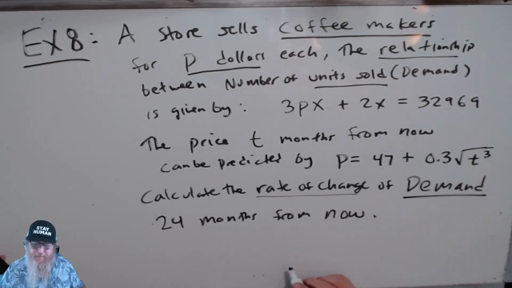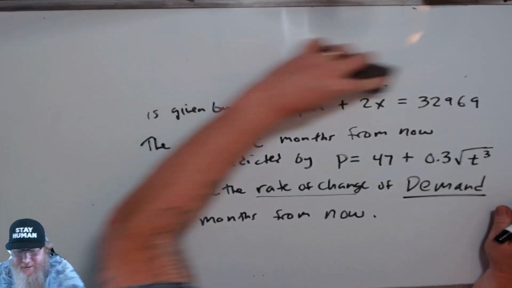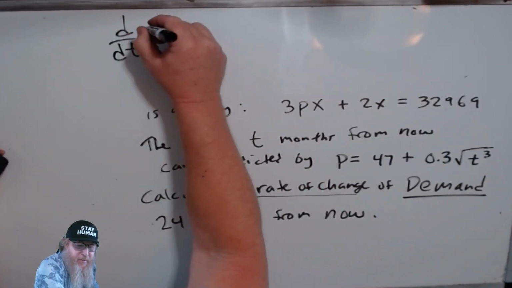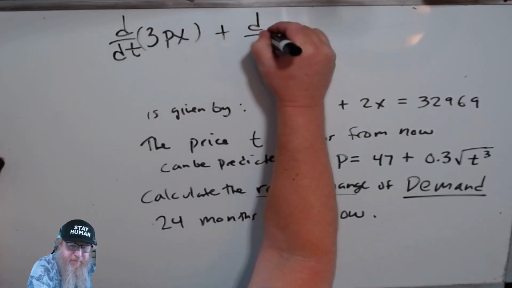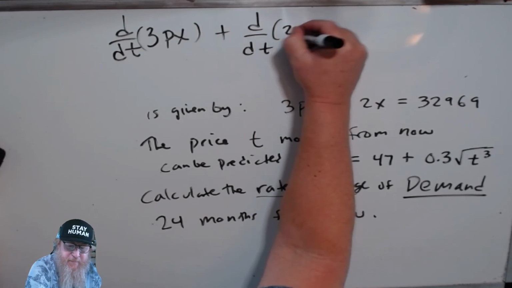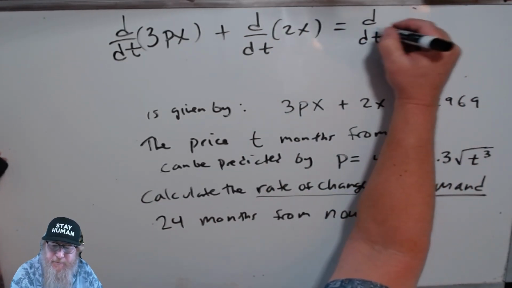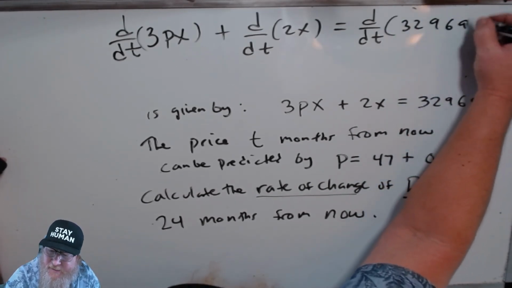All right, so let's get into this. I don't need all these words here. We're going to take the derivative with respect to time of 3px plus the derivative with respect to time of 2x, and then the derivative with respect to time of 32,969.